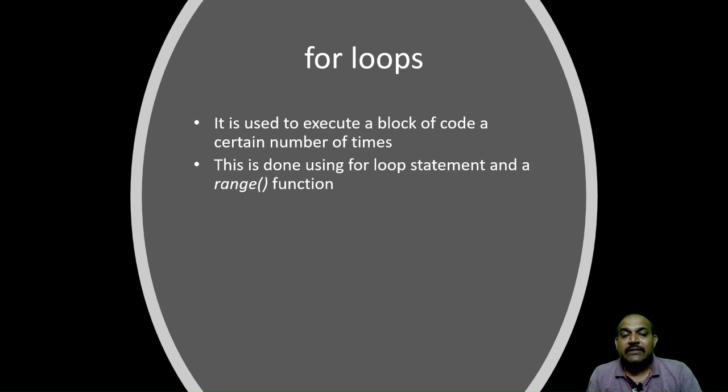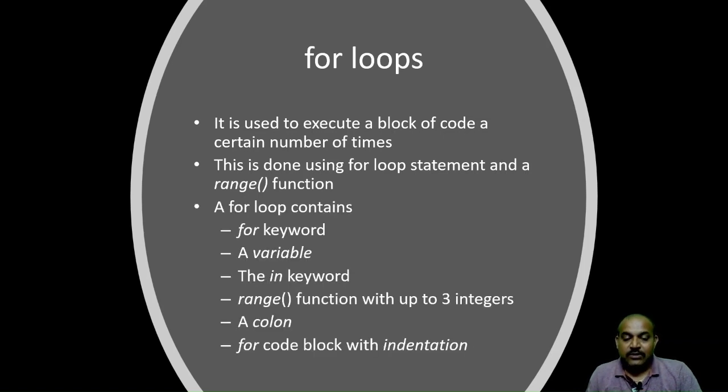Let us start with the syntax. What is the syntax of a for loop? I am going to use a for keyword. For is a keyword, and as you know, Python is case sensitive, so you should use all small letters. Immediately after the for keyword, I will be using a variable.